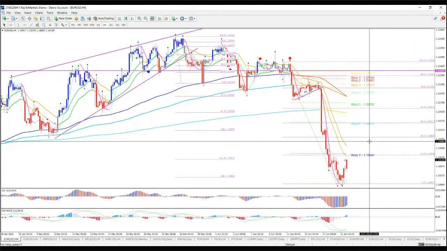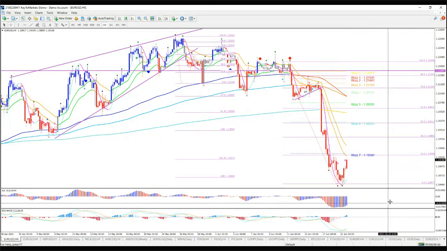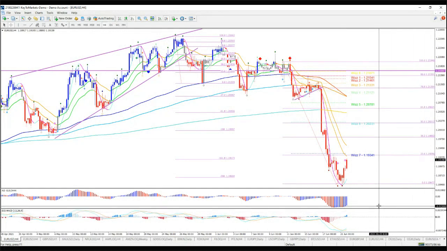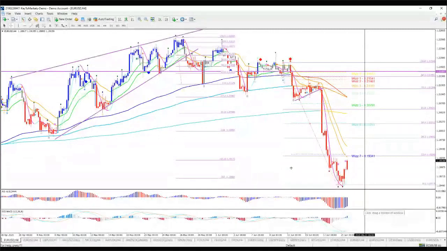But after that, for the downtrend to continue, bounce 38, make a lower low, retracement, and then another lower low, and ultimately I'm expecting price to go down to anywhere between 116 and 118, with the most likely target probably being 117, 117.50 for downside.